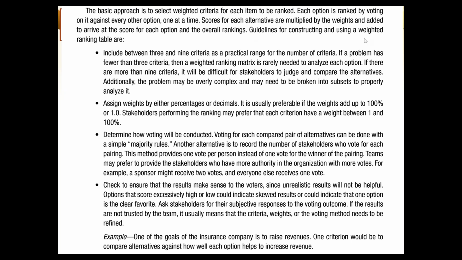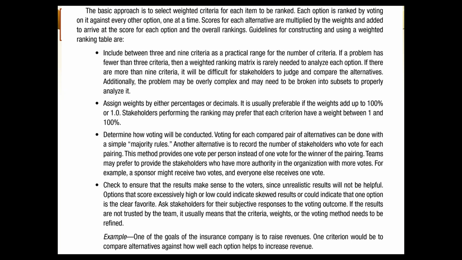Guidelines for constructing and using a weighted ranking table are. So before I read into them, do you understand the point? Weighted average, how do we take a weighted ranking? As I said, I have 5 different factors to assess.